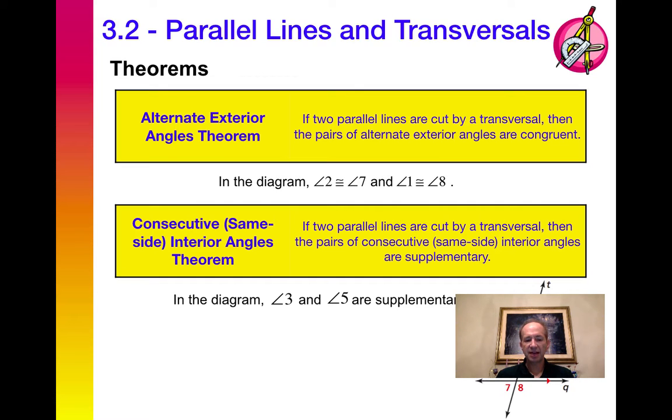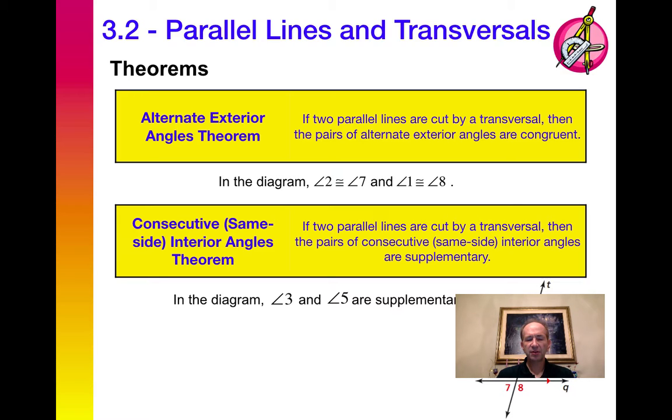That means angles like 3 and 5 add up to 180 degrees. The same can be said about 4 and 6. When we add 4 and 6, we get 180 degrees. So there are our four theorems for parallel lines.